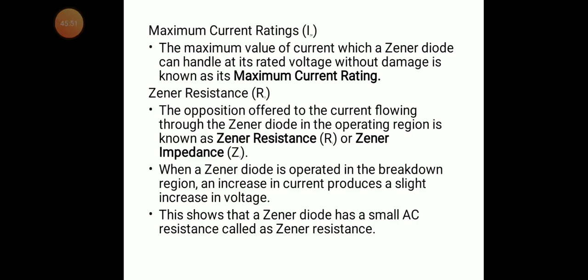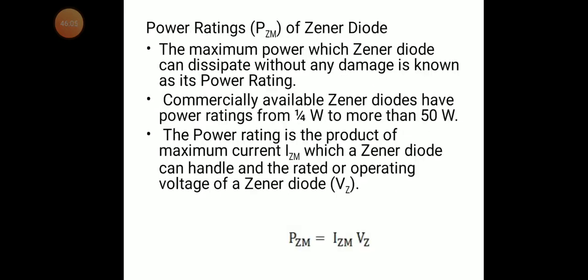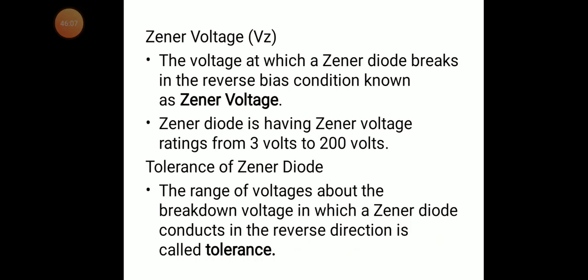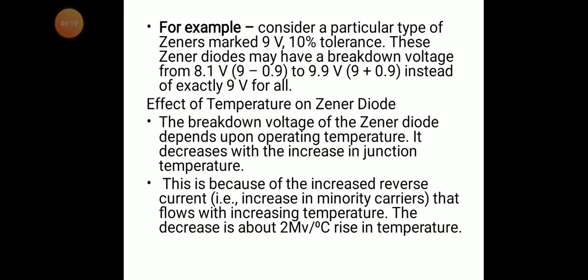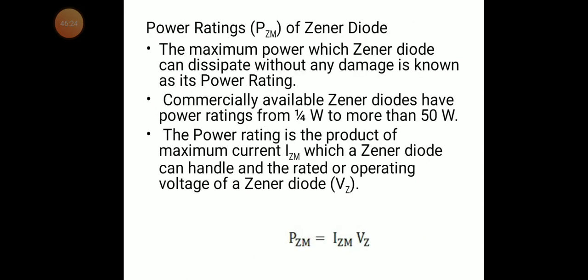So these are the main things we need to know about the Zener diode. The first thing is the Zener voltage. After that, we need the tolerance of the Zener diode, the effect of temperature on the Zener diode, and the power rating.